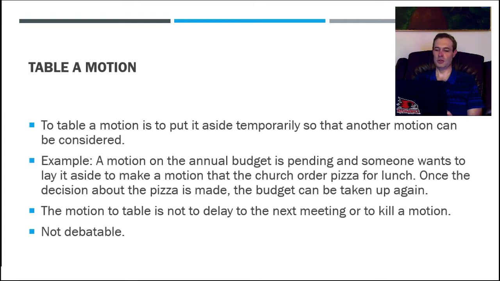You'd continue your discussion. It should not be a way to delay to the next meeting or to kill a motion. It's not a debatable motion. It's just a way of laying something aside temporarily so we can handle something else.